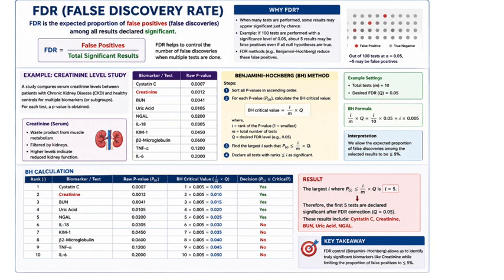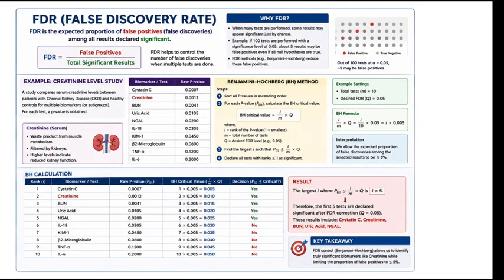We calculate FDR by dividing the total false positives by the total significant results. Suppose we perform 100 t-tests and 5 are false positives; we divide 5 by 100 and get the false discovery rate. First of all, we have to understand how we find the false positives.